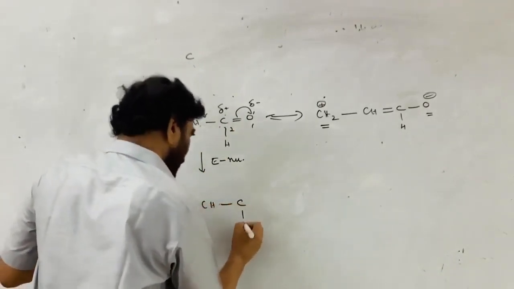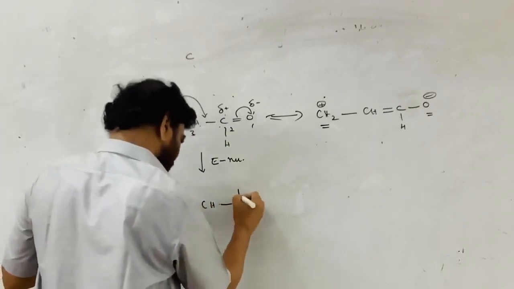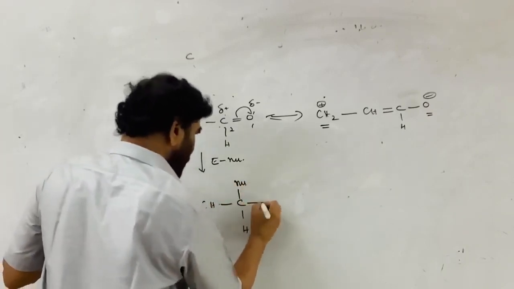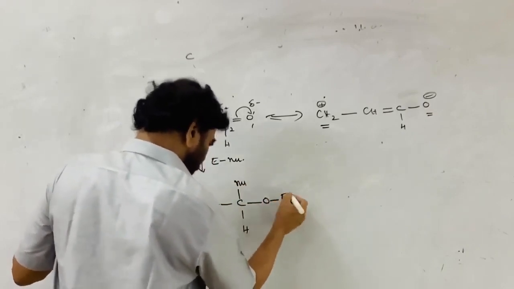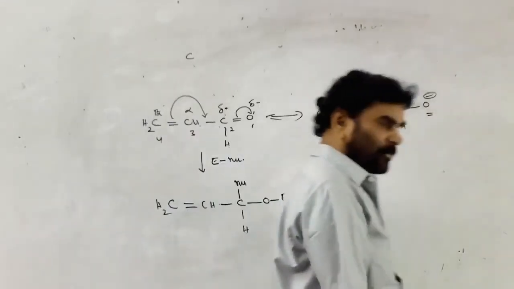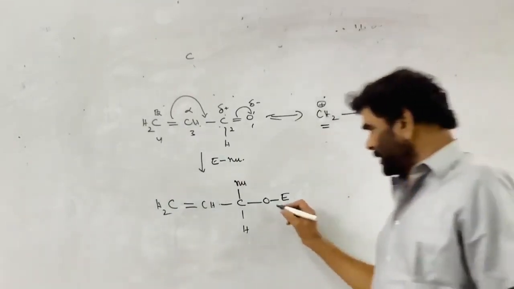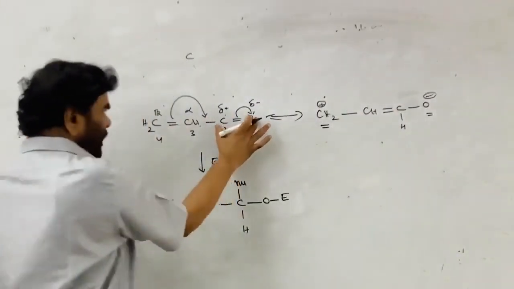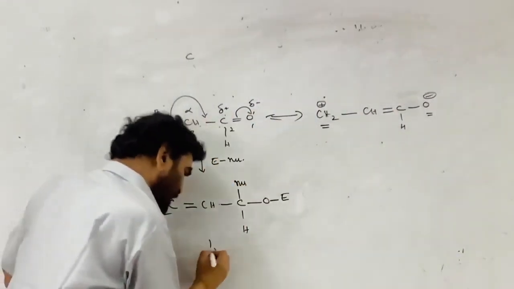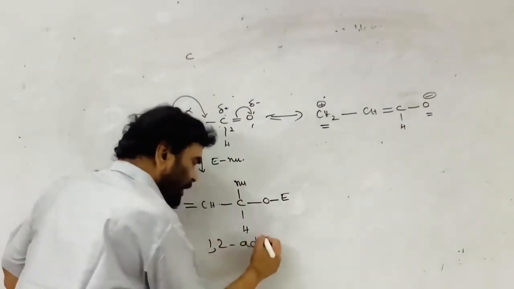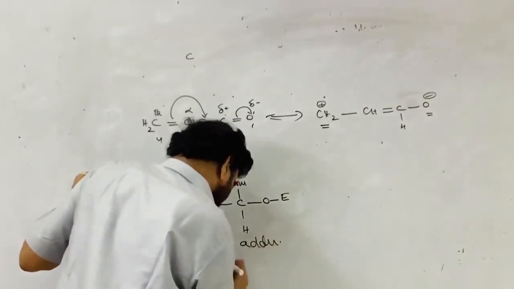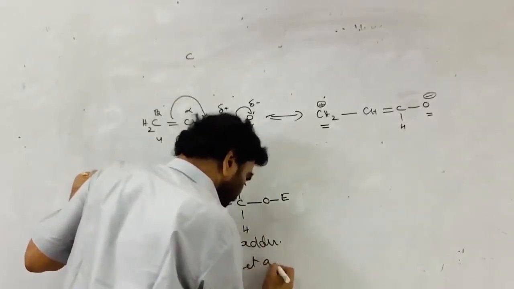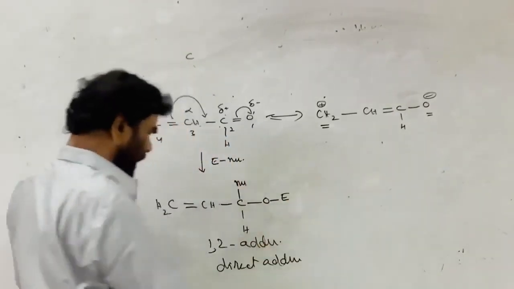If the addition takes place on this center, without disturbing the other center, the nucleophile goes here, on the carbonyl carbon, and the electrophile, the electron seeking species, approaches the oxygen. If the carbonyl group is exclusively involved, that is called 1,2 addition, direct addition.